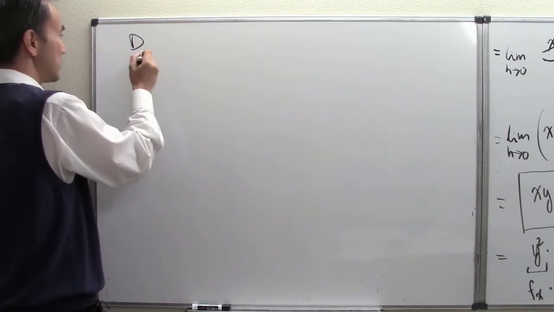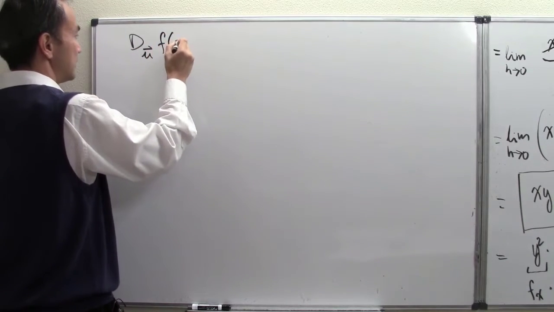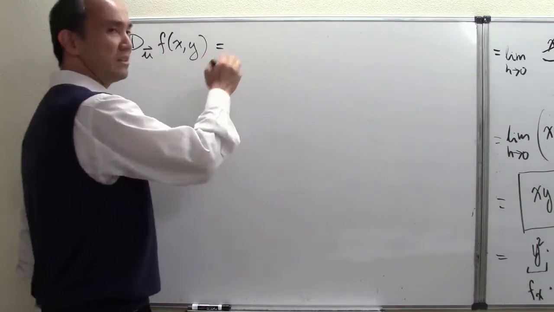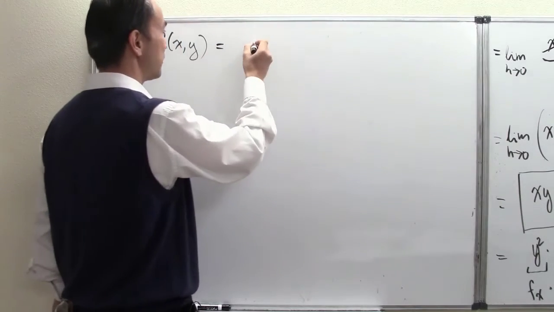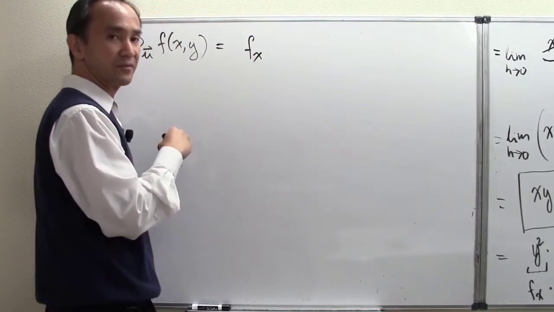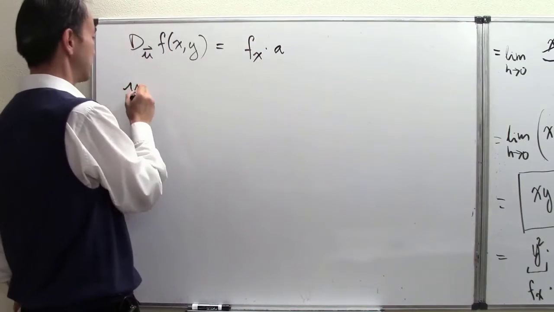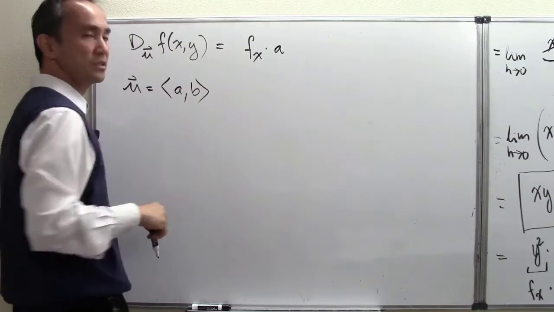So anytime you are looking for the directional derivative of a function in the direction of the vector u, we no longer need to go through the limit process. We simply find the partial derivative of the function with respect to x and multiply it by a, the component. Let's suppose that the vector u has components a, b.